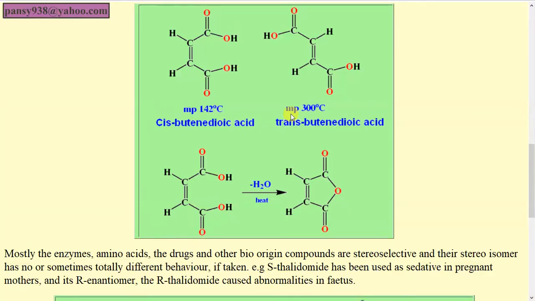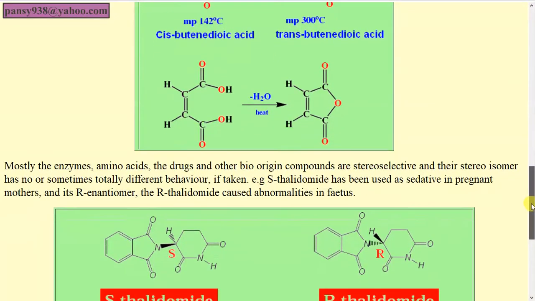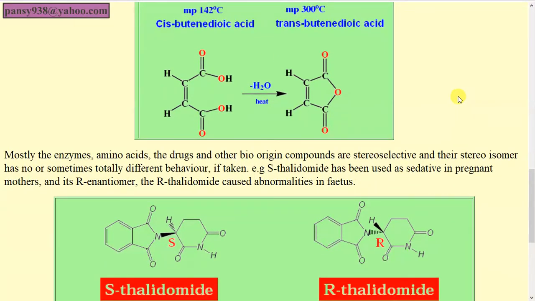Dear students, mostly the biomolecules which we see in our life are stereospecific. This means that mostly they have a stereoisomer which has quite different properties from its other counterpart.